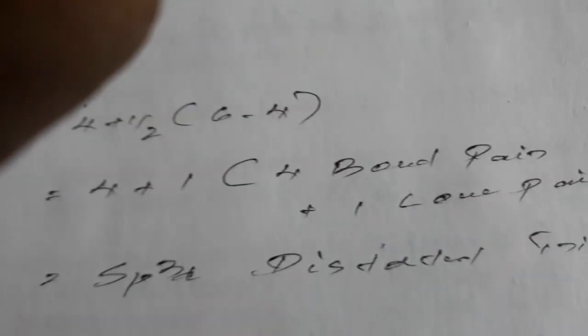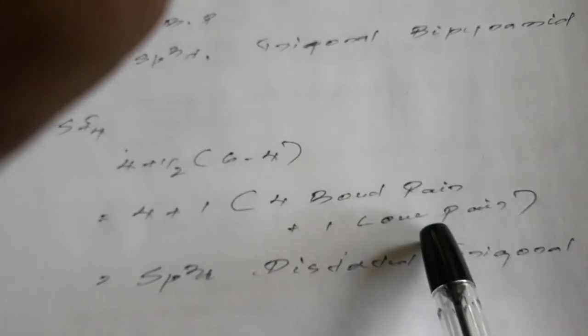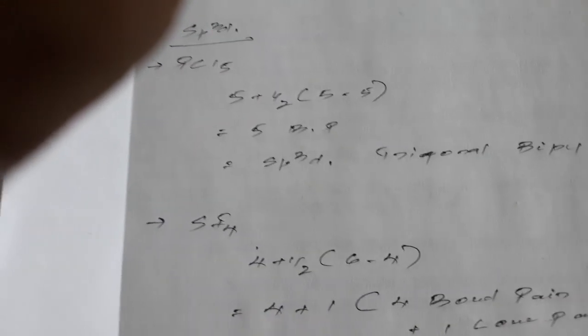In this case, when we do the calculations, it will be 4 bond pairs and 1 lone pair. And the hybridization will be the same sp3d, and the shape of the molecule will be distorted trigonal bipyramidal. This is because of the presence of the lone pair electrons, which affect the structure and cause some distortion.